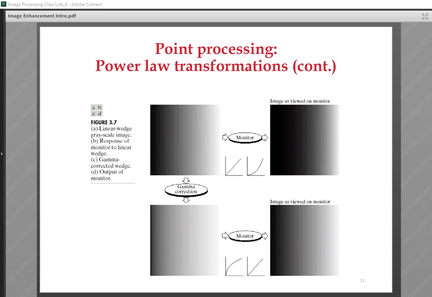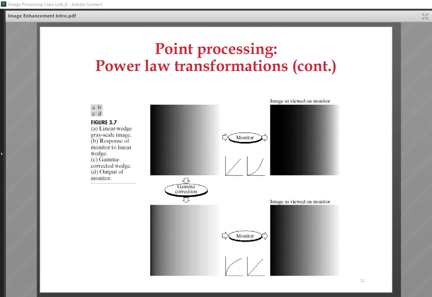Here, for example, you see an original image, but when transferred to a CRT or display, the quality is bad, because of the gamma function of the CRT or display itself. But we use the inverse of this gamma function of the display, and the resultant shown in the display is good, like the original image.